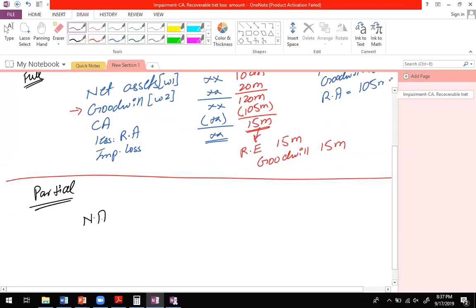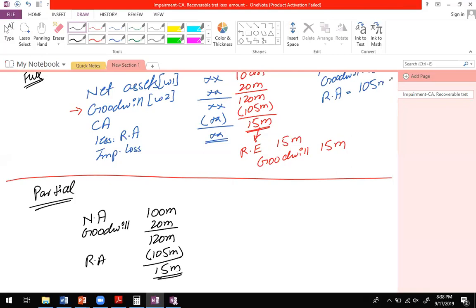If I do the same working of the net assets being 100 million and the goodwill being 20 million, the total of 120, the recoverable amount of 105, and the loss of 15 million, can you tell me what is the mistake if I follow the same method in the partial goodwill method as well?